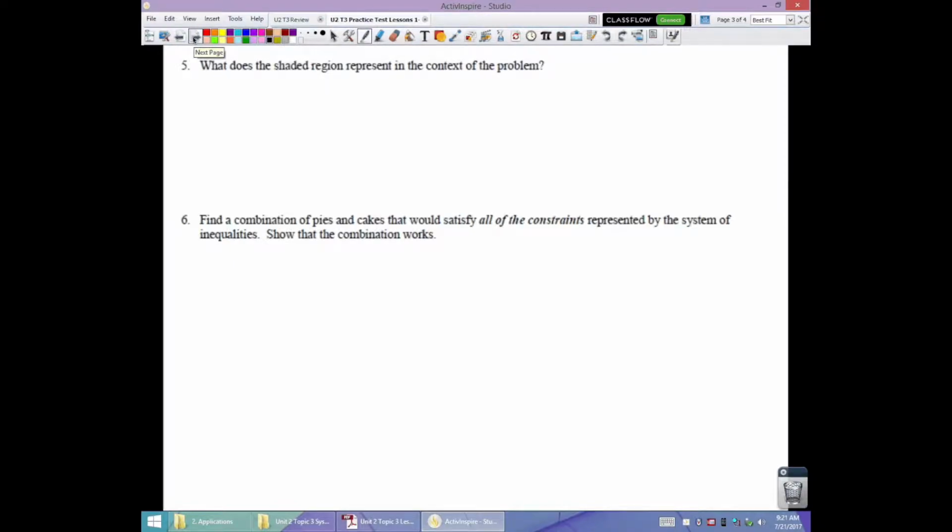Okay, what does the shaded region represent? Well, I guess I just kind of said that, but this time it's in the context of the problem.